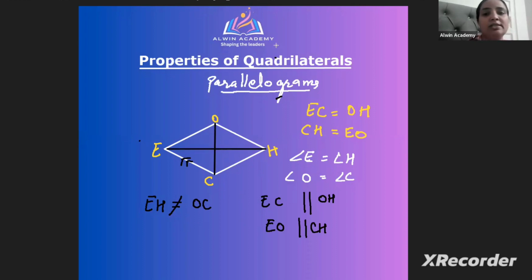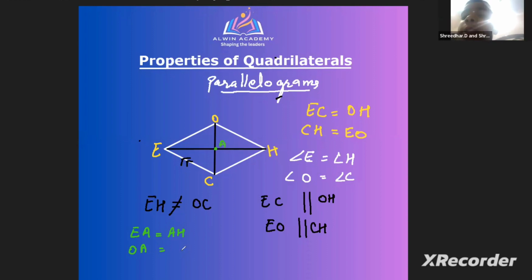Okay, if I name the center point as A, tell me the side equal to EA. This is Sridhar's turn. Sridhar, tell me, beta. EA equals to what? Ma'am, EA equals to AH. Okay. And OA equals to?